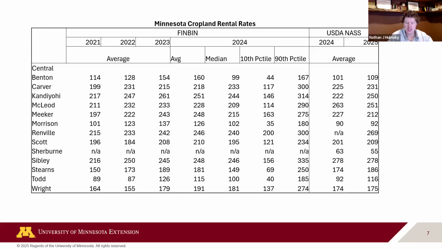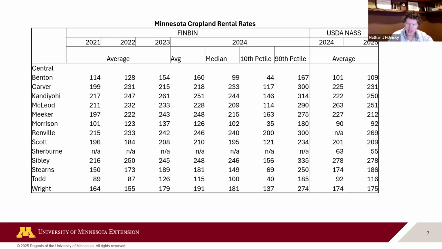The USDA sends out surveys to farmers, and those are updated annually. And we have the 2025 data that's published around the 1st of September every single year. And you can see the USDA number for 2024 was $174 an acre, very flat into 2025 there at $175 an acre.